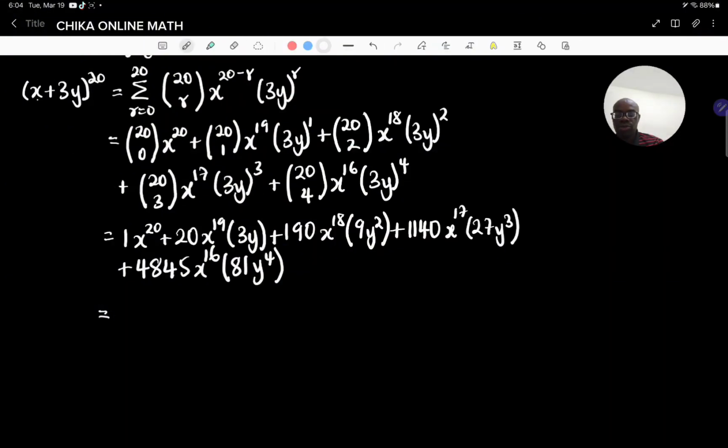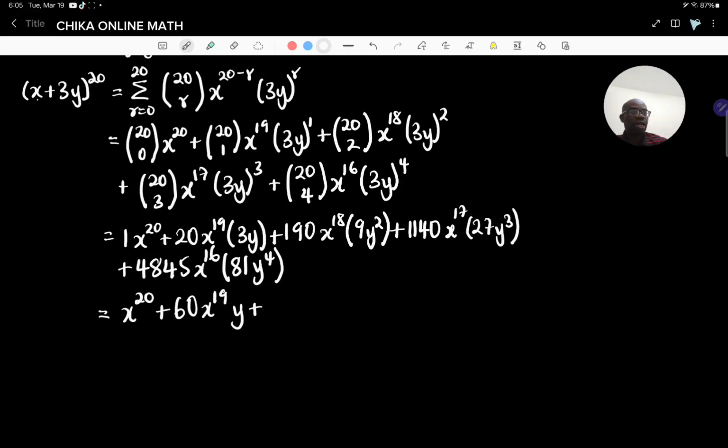So this is equal to 1 times x raised to power 20 is what? X raised to power 20 plus 20 times 3 is what? 60. So this is 60 x raised to power 19 y, okay? Plus, next, we have 190 times 9, okay?